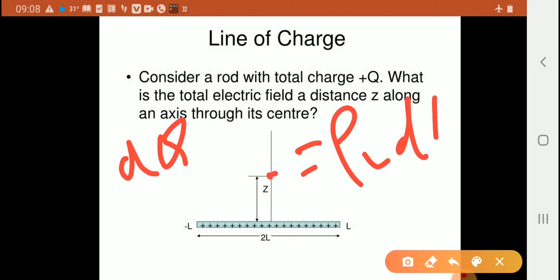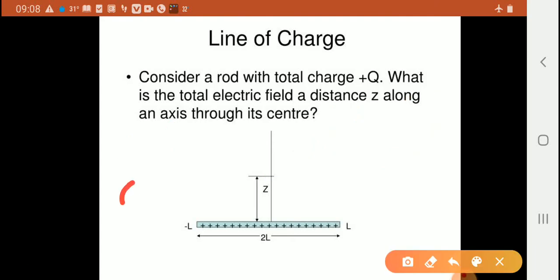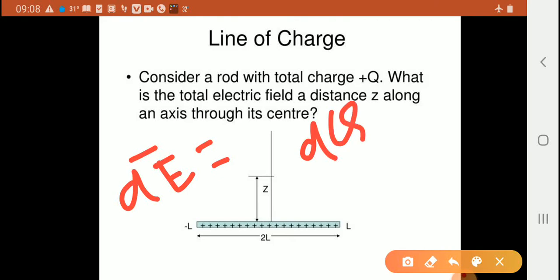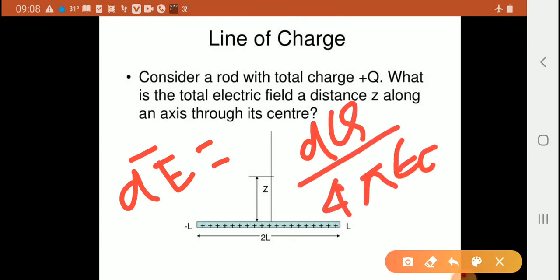It produces an electrical field which is called the differential electrical field, given by dE. dE equals dq upon 4 pi epsilon r square, times the unit vector ar.